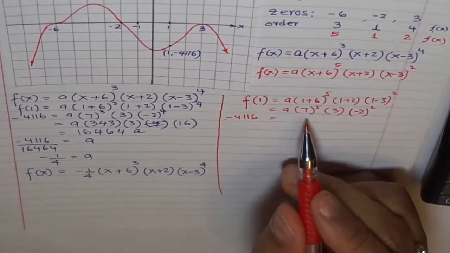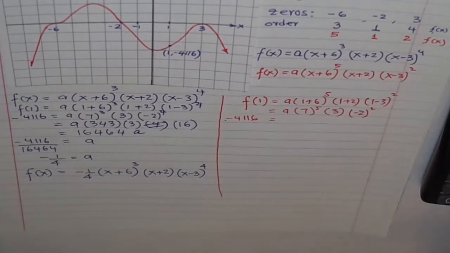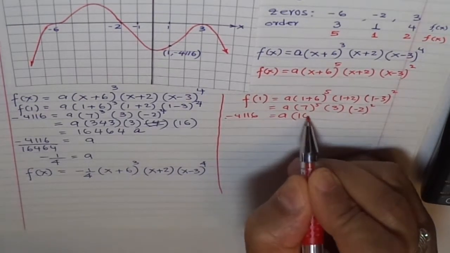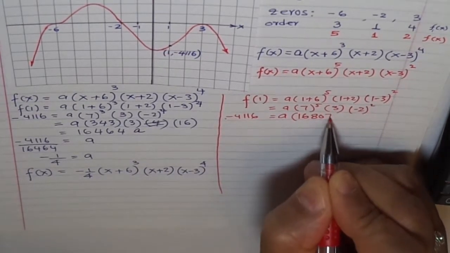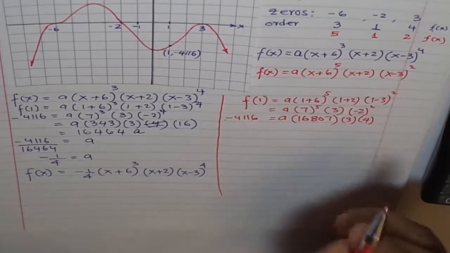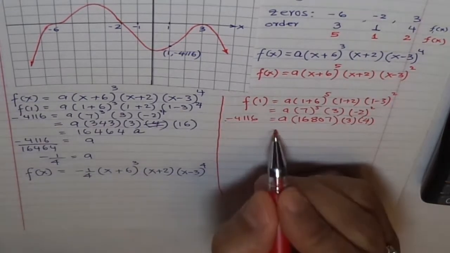Now let's find 7 to the power of 5. 7 to the power of 5 equals 16807, times 3 times 4. So we'll multiply this by 12.